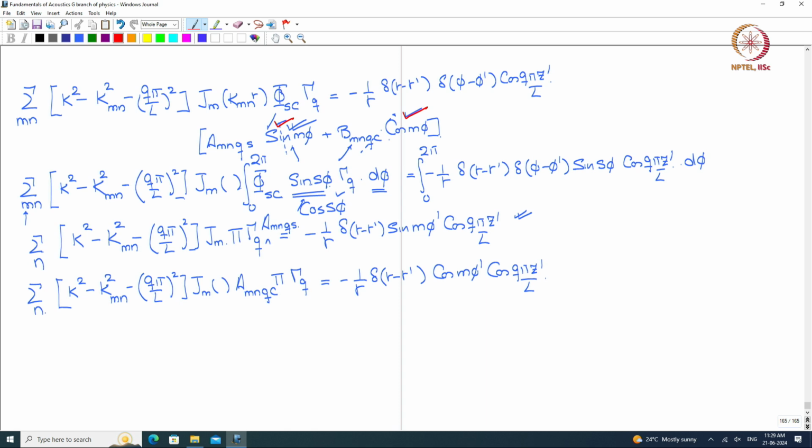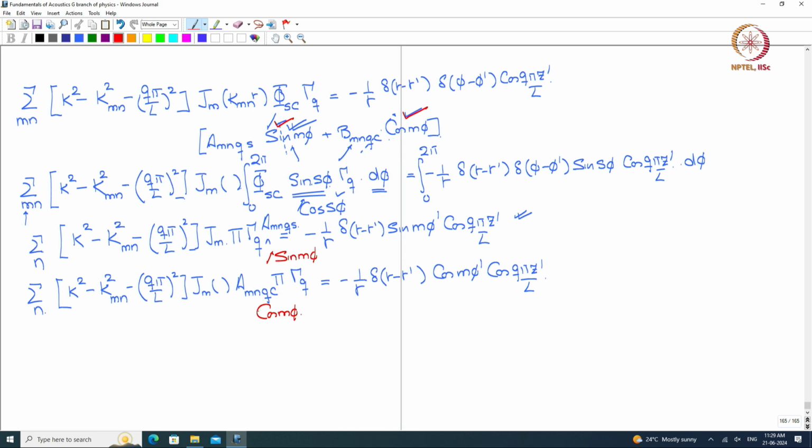Okay, now if we sum the two, that means we multiply this by sin m phi, multiply this by cos m phi, and we sum the two.